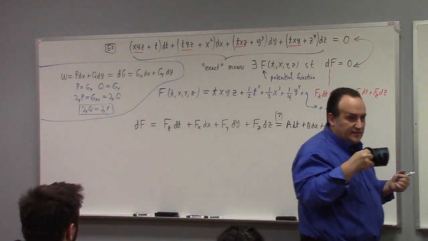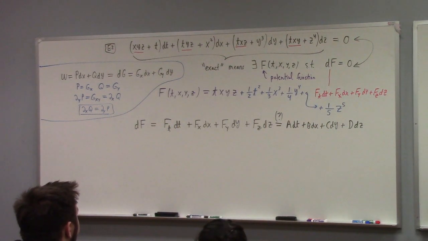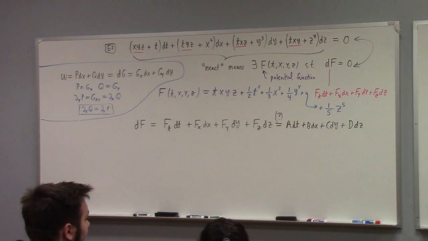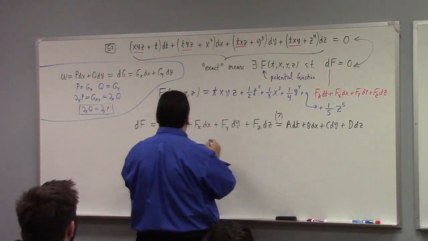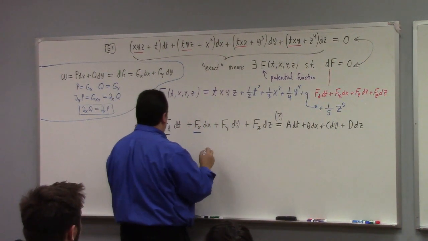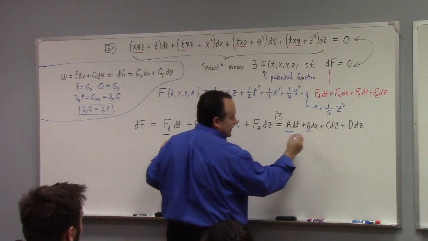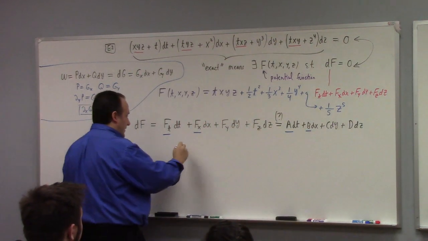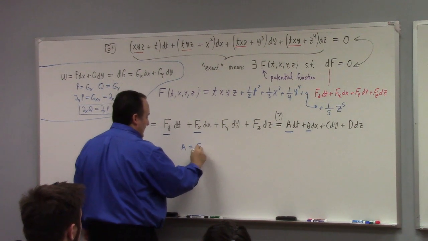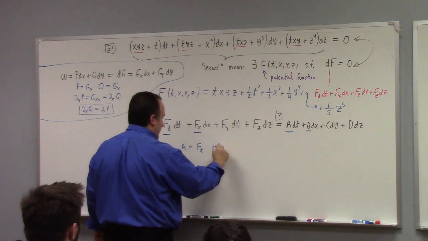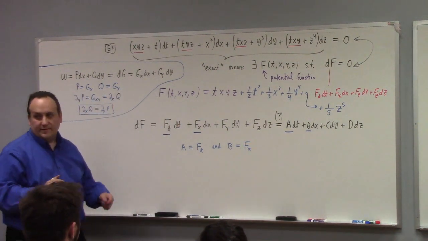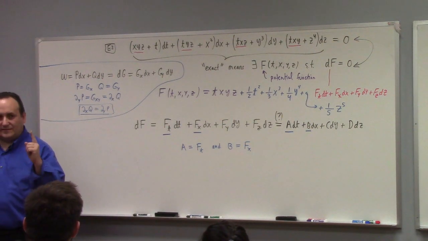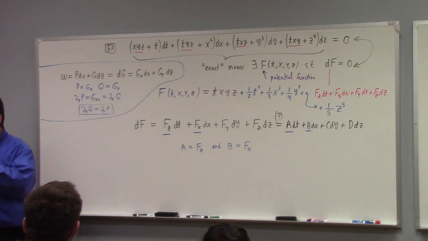I said there are 6 conditions that you're looking for. What are they? Let's pick on these two guys. This and this would ostensibly be that and that. So on the one hand, A is equal to ft, and B is equal to the partial derivative of f with respect to x. These aren't necessarily linked, because partial derivatives commute.